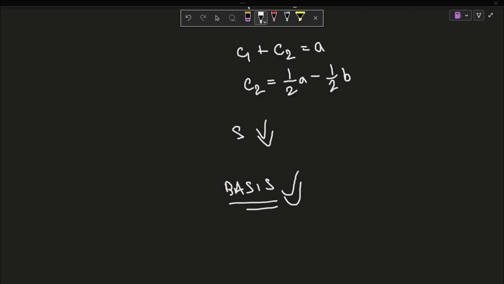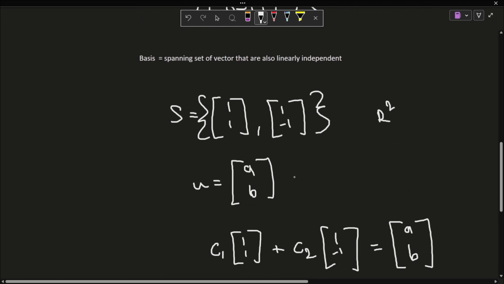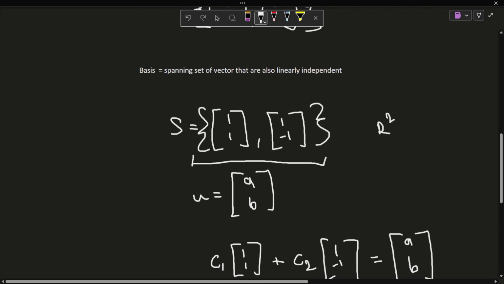Okay, and an observation that you should have made by now is that to show a set of vectors is a basis for a vector space V, you want to first see that the set spans V, and then you can reuse this work because you're always going to get that row reduced form when you're verifying the set spans V. Only in cases like this, with two vectors, can you see it by yourself.